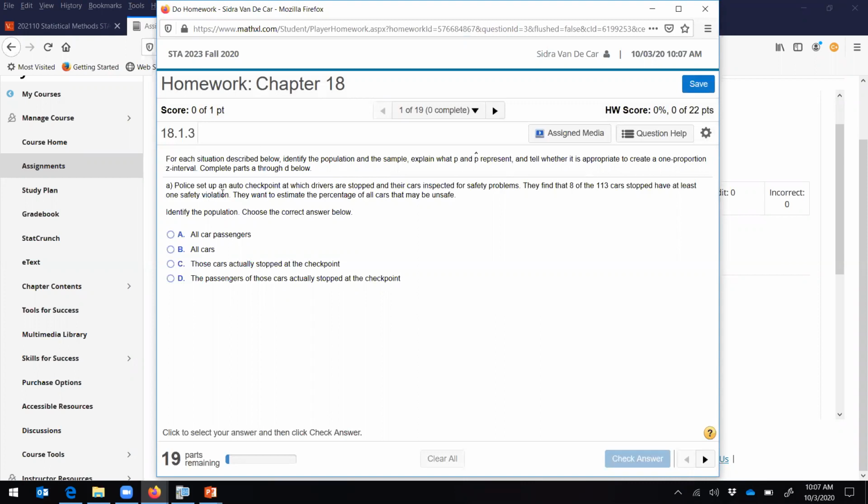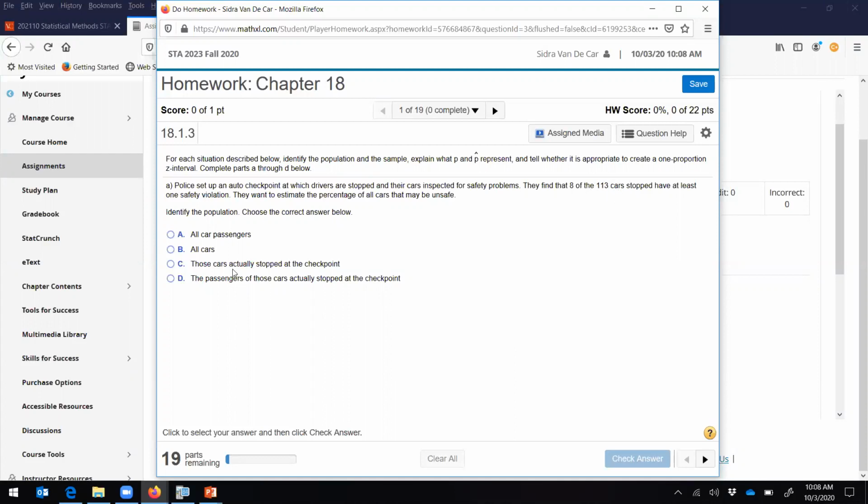Okay. So police set up an auto checkpoint at which drivers are stopped and their cars are inspected for safety problems. All right. So what's the point of doing that, right? We're looking to see the proportion of cars on the road that have certain safety issues. So what's our population? Our population is going to be all the cars that we're trying to make a generalized result about, right? But notice our sample is the 113 cars that we've stopped.